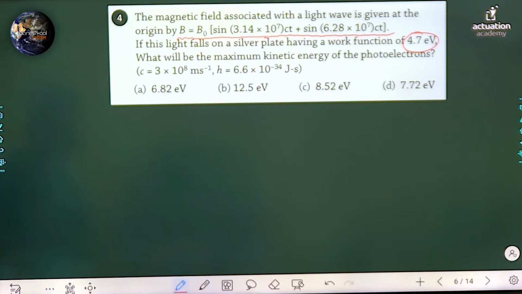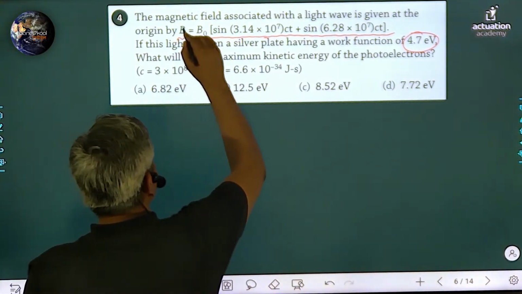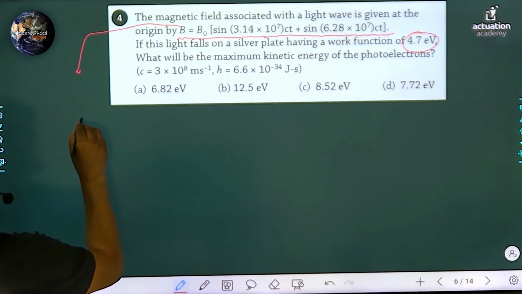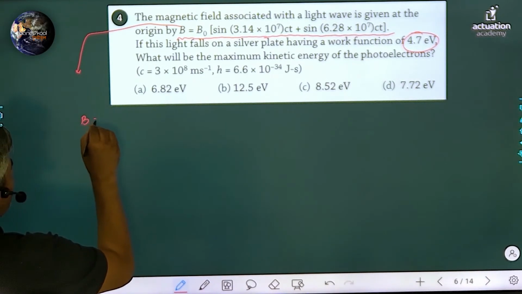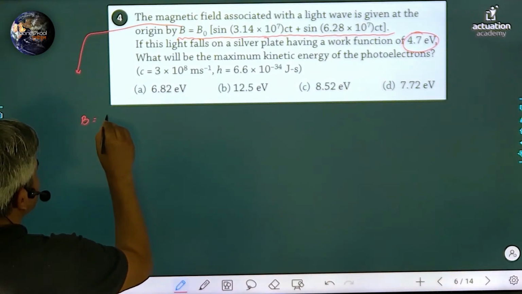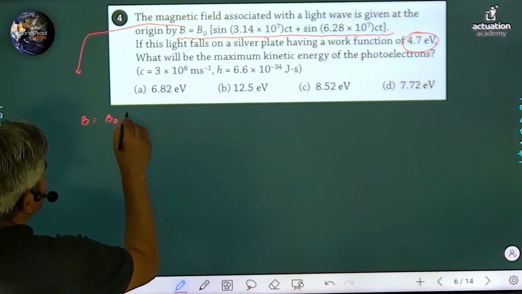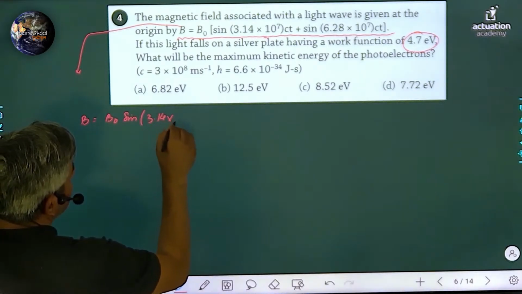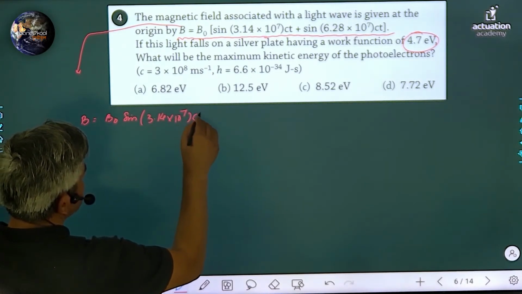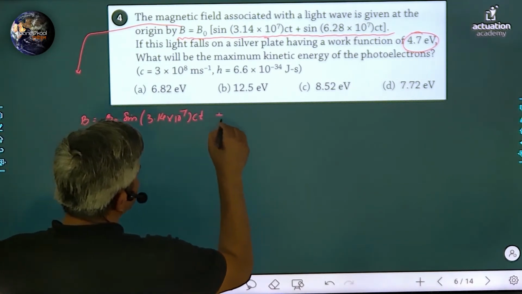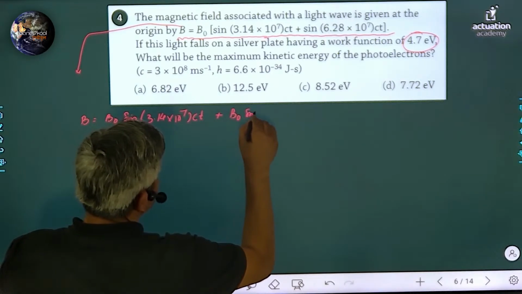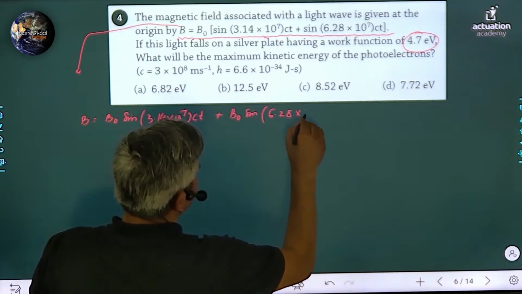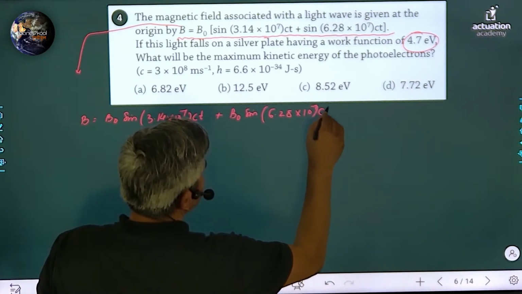If we look into this function, it can be written as the sum of two magnetic fields, which is simply B naught sine of 3.14 into 10 raised to power 7 CT plus B naught sine of 6.28 into 10 raised to power 7 CT.